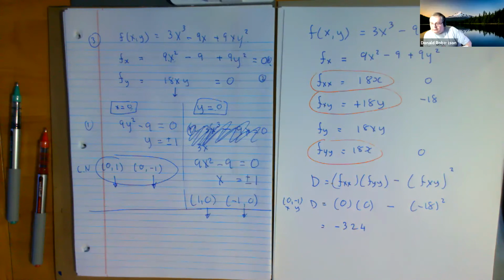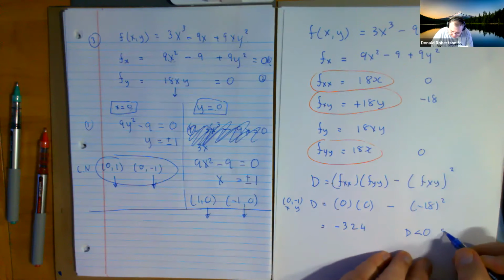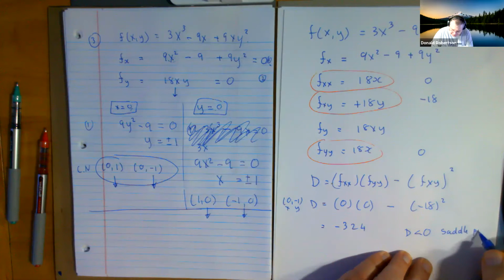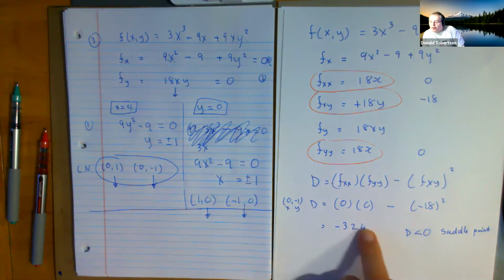Oh, I did something right for a change. According to the test, remember the test that said if D is this and so on. If D is negative, doesn't that typically mean we probably have a saddle point? Agreed? When D is negative, we probably have a saddle point.